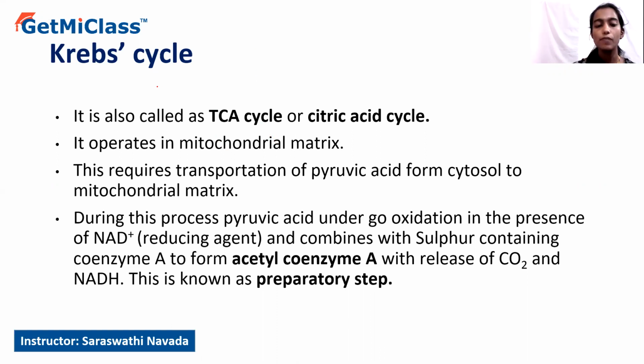The Krebs cycle is also called the TCA cycle, or the citric acid cycle. TCA refers to the tricarboxylic acid cycle. That is because the first stable product formed during this reaction is a tricarboxylic acid named citric acid.